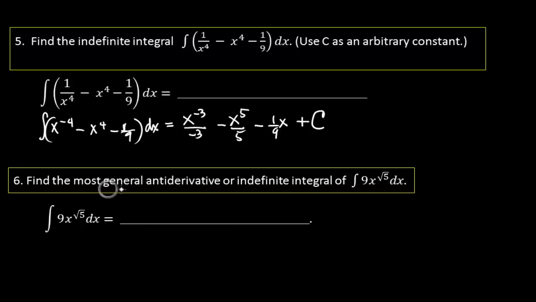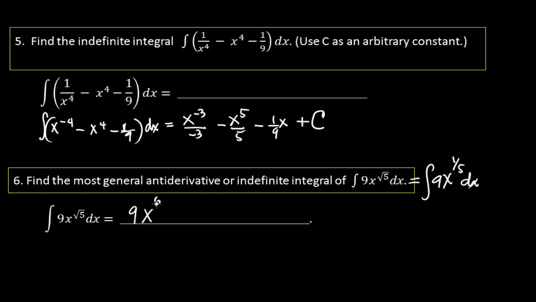Alright, so find the most general antiderivative or indefinite integral of this one. What do we do here? We rewrite this as the integral of 9 times x raised to a fifth dx. And what do we do from here? Just use the power rule multiplied by a constant. So that's just 9 times x to the, add 1 to 1/5, what do you get?